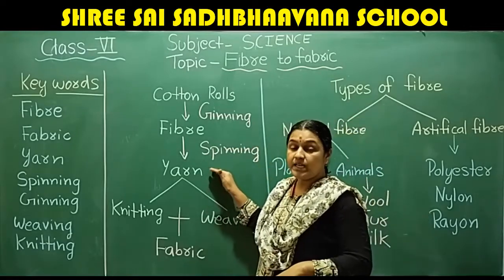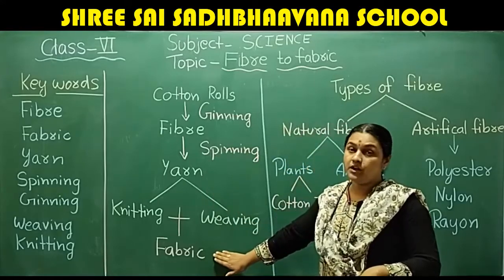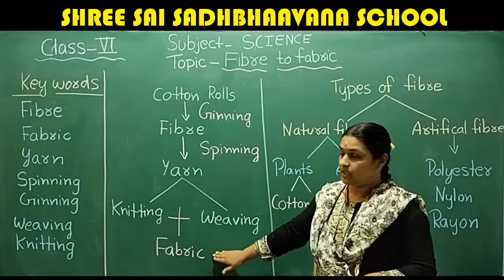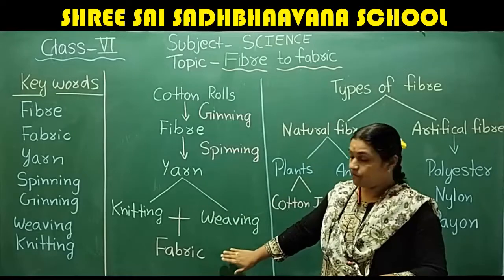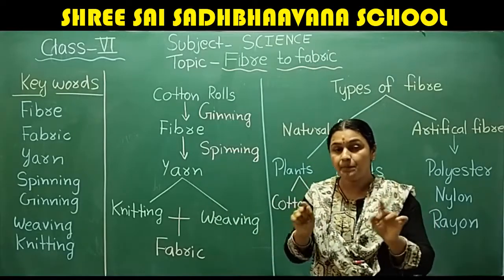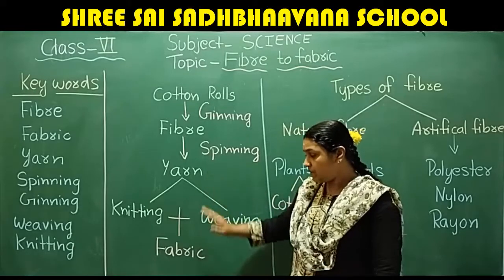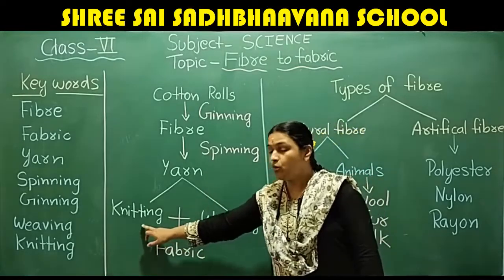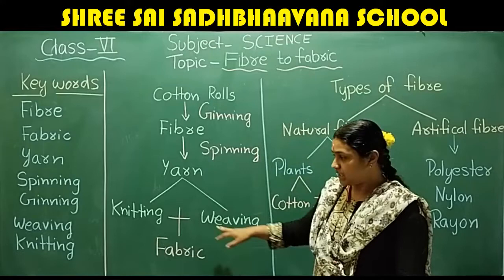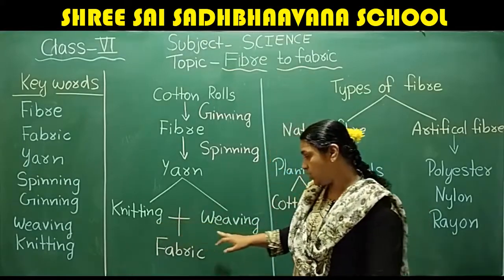Further, the yarn is then converted into a fabric. The fabric is again a piece of cloth. Now, yarn can be converted into fabric by two methods, which are knitting and weaving.